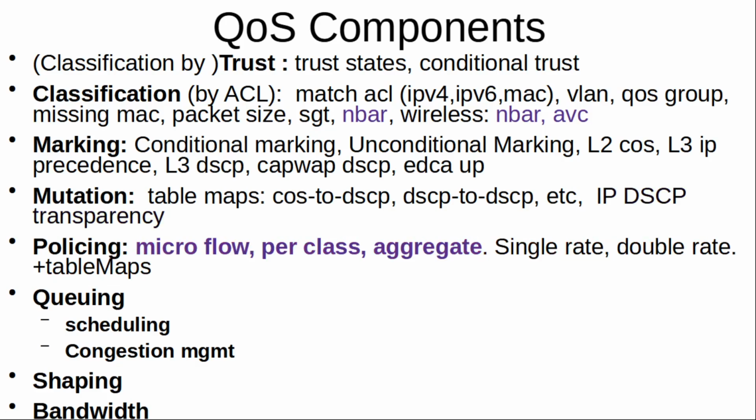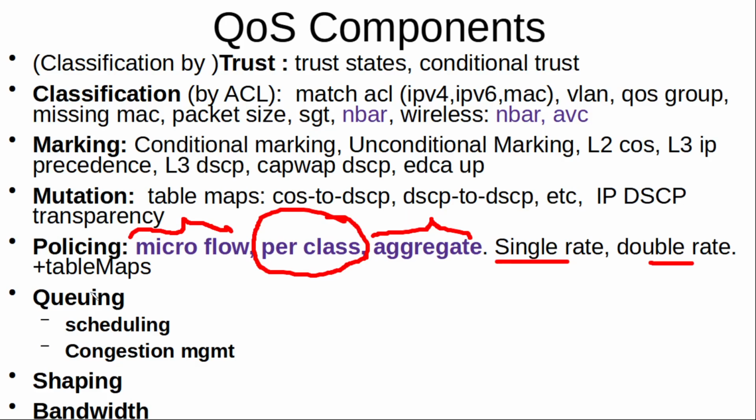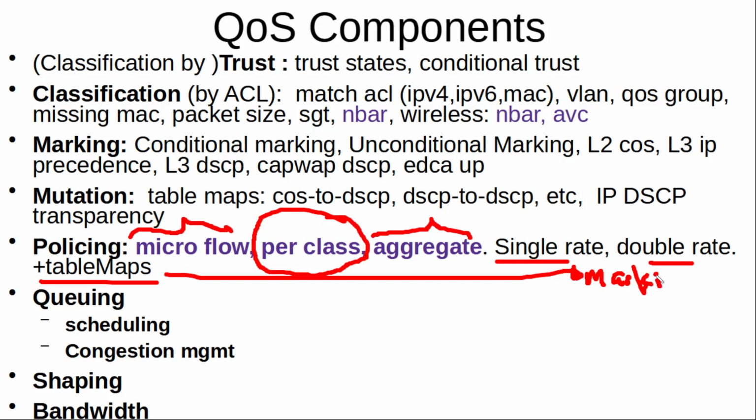This is usually what is known as per-class policing, but in some switches they will offer something known as microflow policing and aggregate policing. You can have single rate policing, dual rate policing, and it will make heavy use of table maps, because remember that policing is related to marking and mutation.